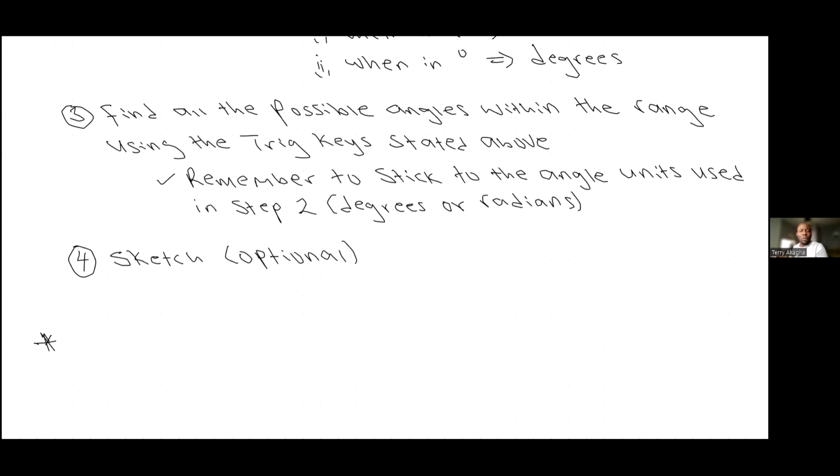Depending on what the question is. So I'm going to write that down here. It's very important to note, because if the question was in radian, it's expected that the answer you give back to the examiner should also be in radian. If you decide to leave it in degrees, you might lose some marks, and sometimes a lot of marks.